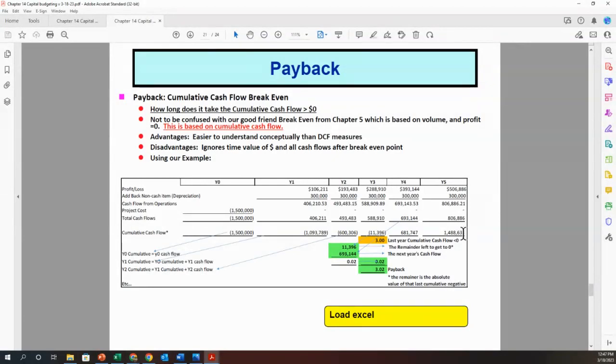Year 5, the 1.488. So the last year that cumulative cash flow was less than 0 was year 3. So in this case, we enter 3. The remainder left to go was 11,396. So minus the negative is a positive. The next year's cash flow was 681. So we take the 11,396 divided by this.